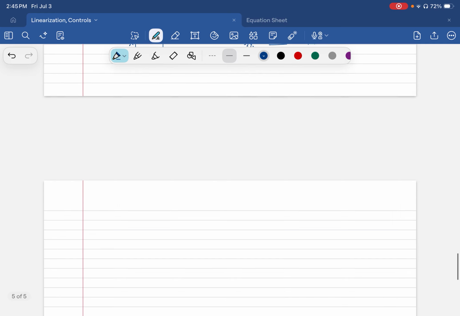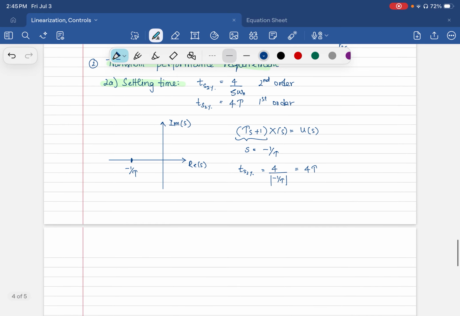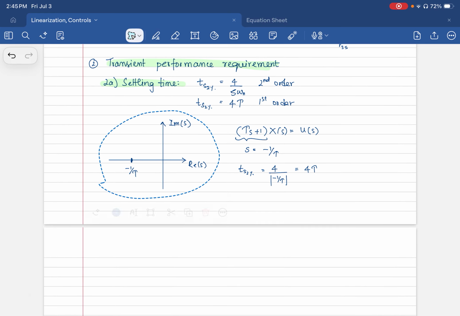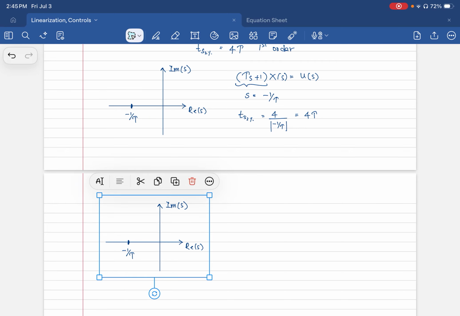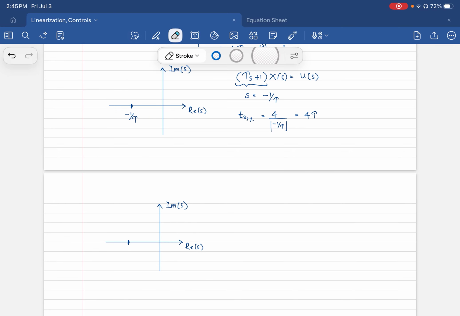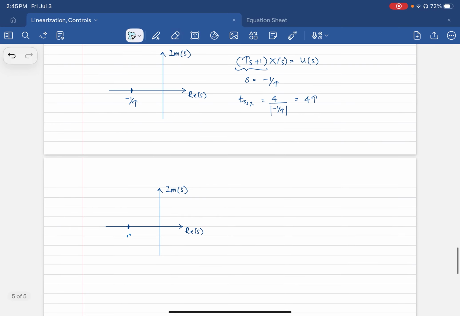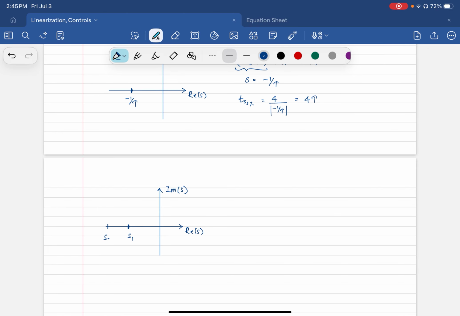Similarly, if it was a second order, and then we had two poles, we're only really looking at the real part. I'm going to say this here is S1, and this here is S2. Which one is the faster dynamic? Which one is the slower dynamic?